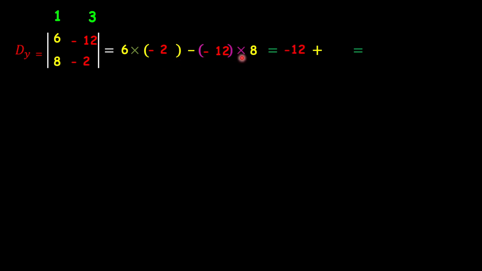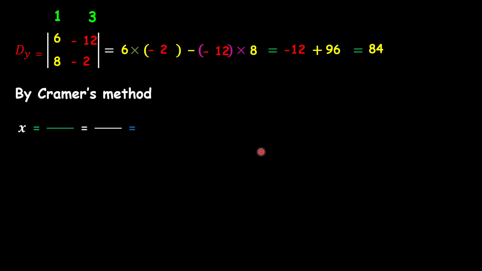Minus into minus becomes a plus. 8 12s are 96. 12 has negative sign and 96 has plus sign. Therefore these two numbers have opposite sign. We know that if two numbers have opposite sign, then we take subtraction. 96 minus 12 is nothing but how much? 84.